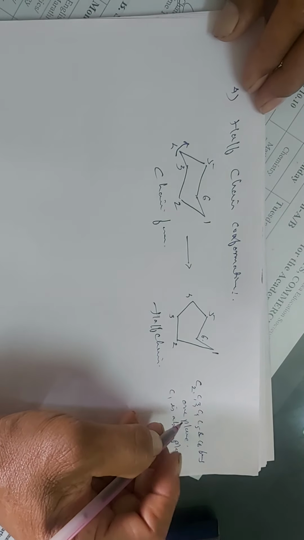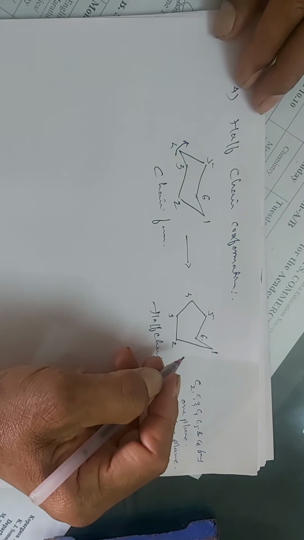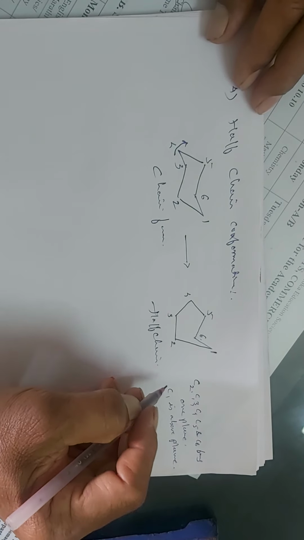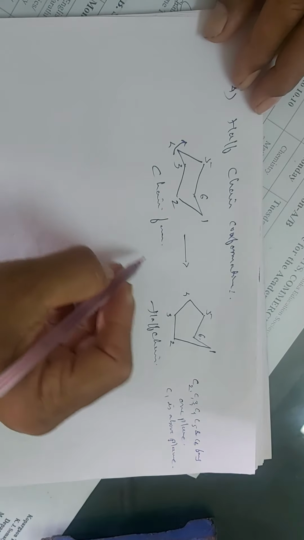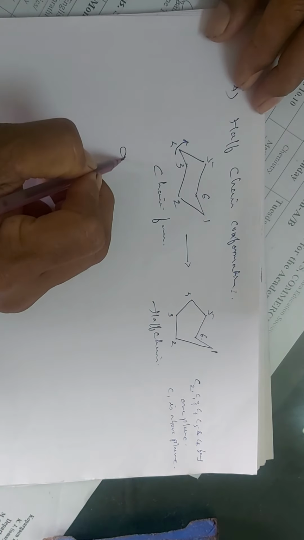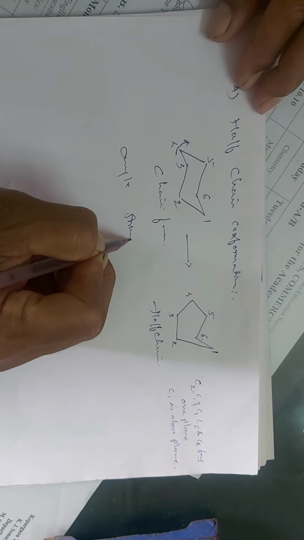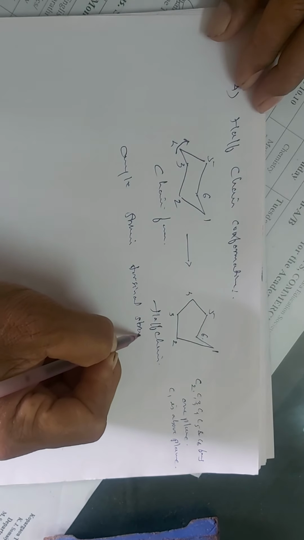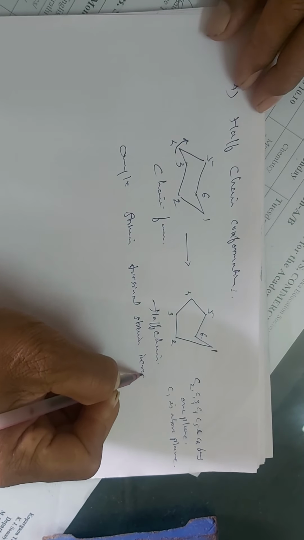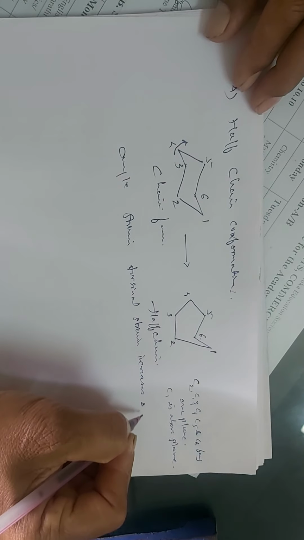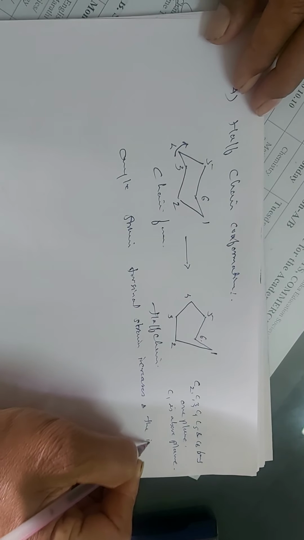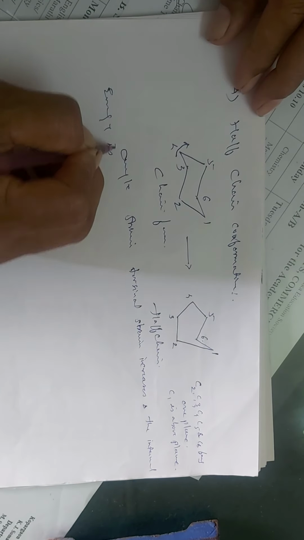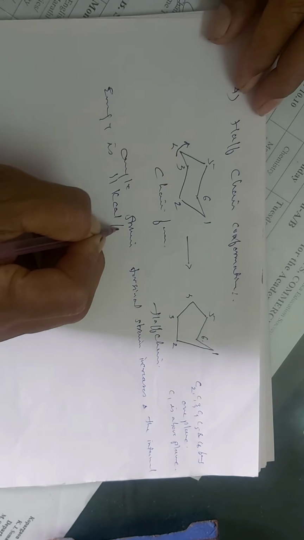And here the internal energy increases, because the angle strain as well as the torsional strain increases, and the internal energy is 11 kilocalories per mole.